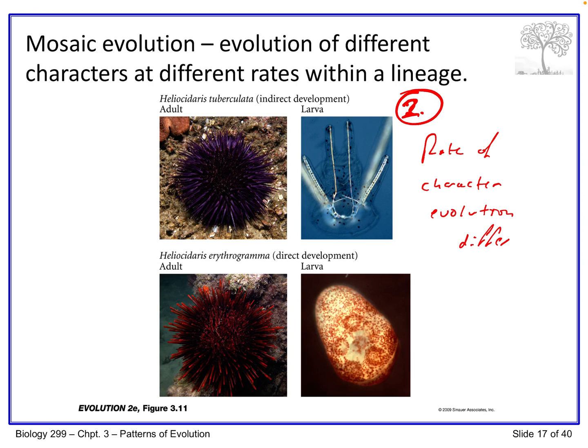In contrast, mammals have largely retained the ancestral pentadactyly or 5-digit limb. That's a very conservative character. So body size is a derived character, but evolving much more rapidly, whereas the number of digits, the pentadactyly condition, has evolved very, very slowly.